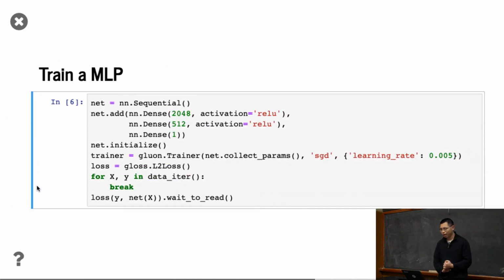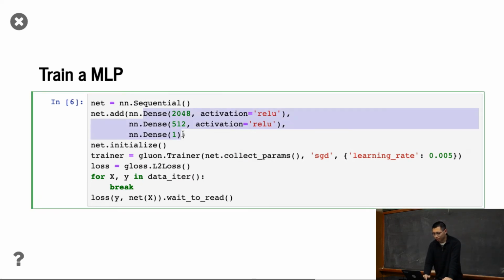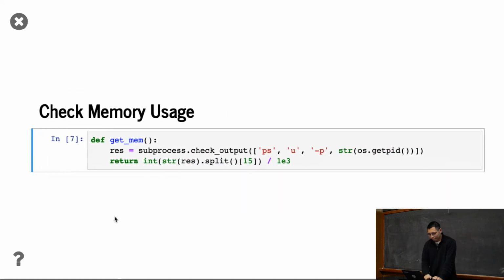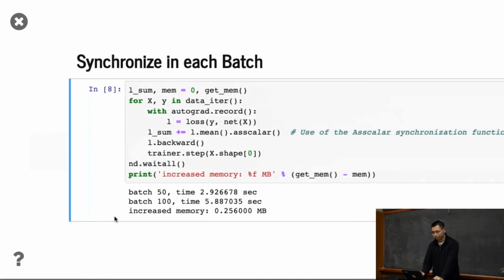And we also train an MLP. We define the MLP here, 3 dense layers, initialize it, set up the trainer and loss function, and run a single batch to warm up. And we also define a function to get the memory usage, nothing special here.